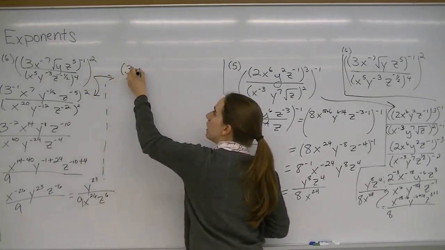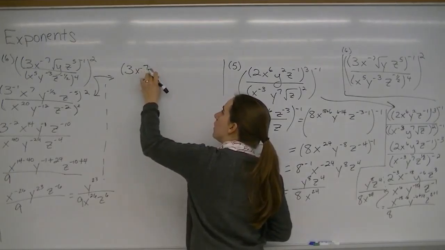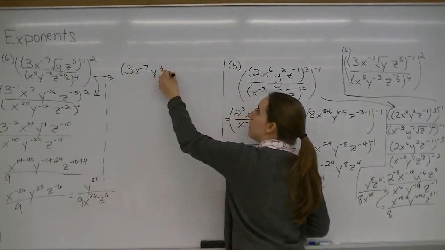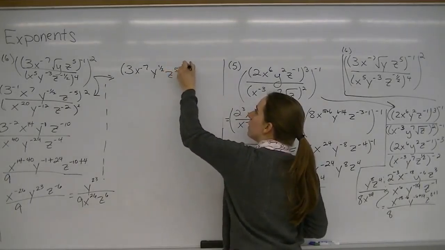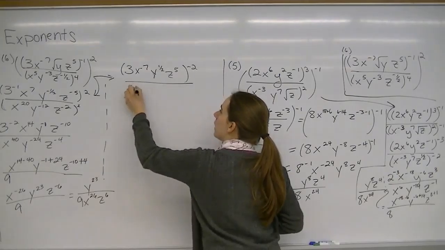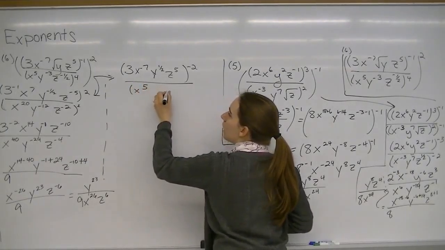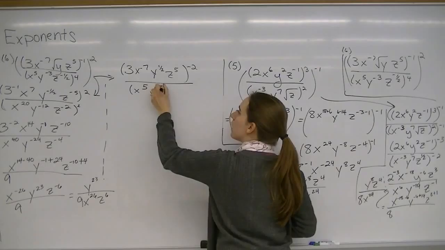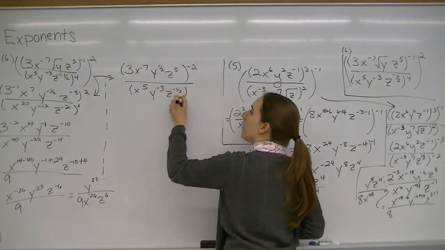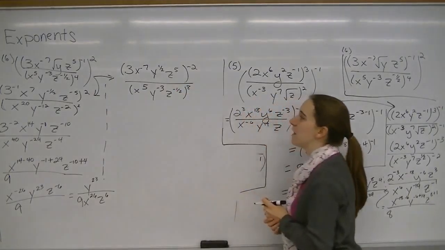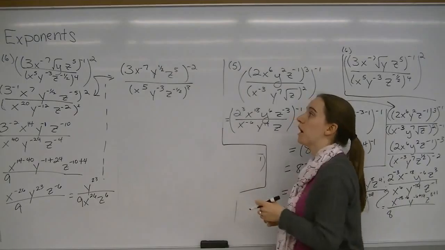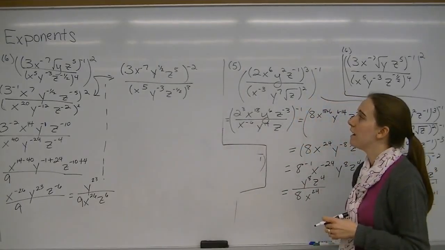So I get 3 x to the -7, y to the 1/2, because I'm going to rewrite that, z to the 5th to the -2. On the bottom I'll get x to the 5th, y to the -3rd, z to the -1/2, and then that's all going to be to the 8th, because I have the whole denominator raised to the 4th squared, so I multiply to get 8.